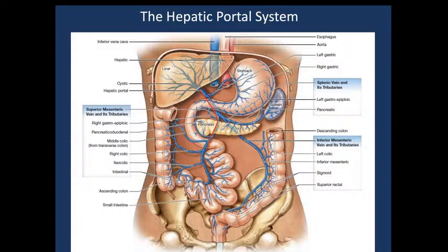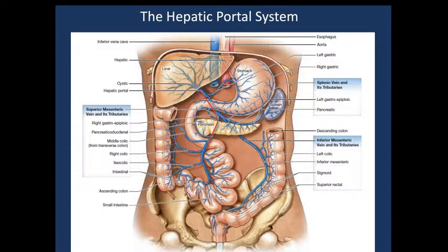The hepatic portal system begins in the capillaries of the digestive organs and ends in the liver sinusoids. The liver is the only digestive organ draining directly into the inferior vena cava.